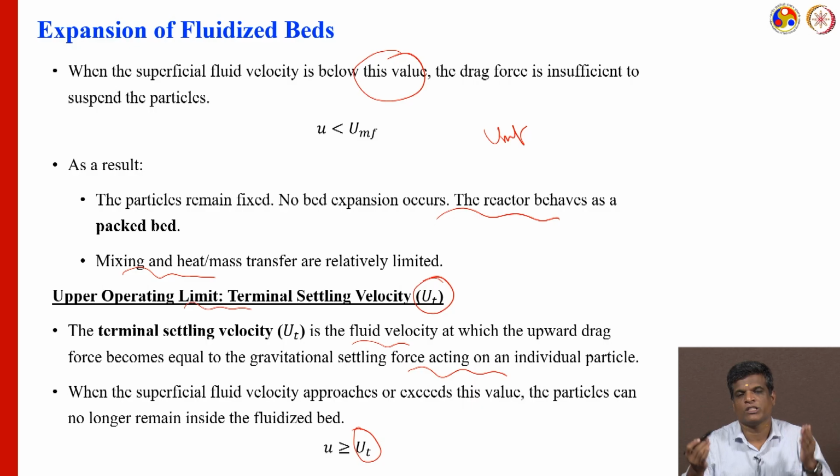When you increase the velocity up to the terminal settling velocity, it behaves as a fluidized bed, but if you increase beyond the terminal settling velocity, it is no longer a fluidized bed. That is what happens when the velocity is increased.